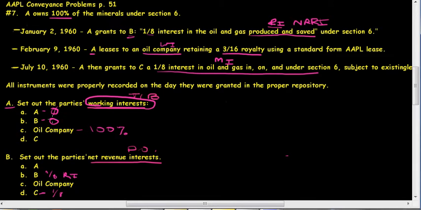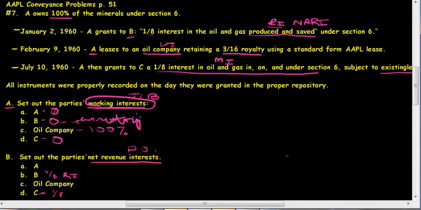And then C, because he has no right to grant an oil and gas lease, he does not have the executory rights. So he's going to be 0. C has this 1/8 mineral interest, but hasn't leased it to anybody. But C takes subject to the existing leases. And since A has already leased it, C will also have 0 working interest.